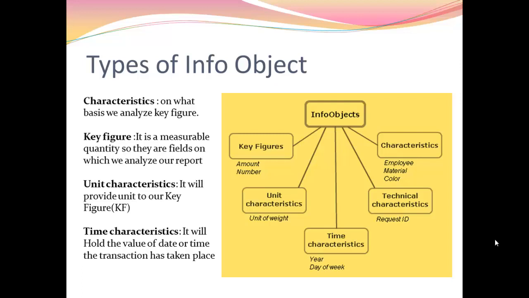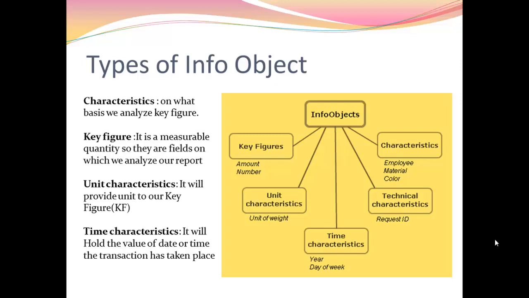Also, key figure doesn't purely mean that a telephone number is also a key figure. No, telephone number is a characteristic because we won't be analyzing on it. So stating in one line, characteristic type info objects are those on the basis of which we analyze key figures, and a key figure is a purely measurable quantity on which we analyze our reports.